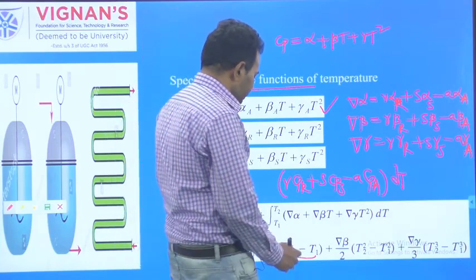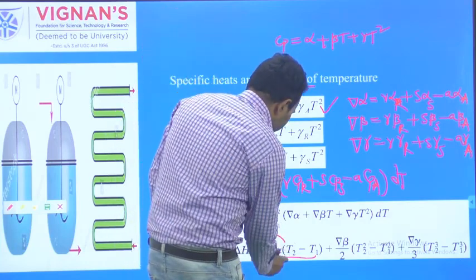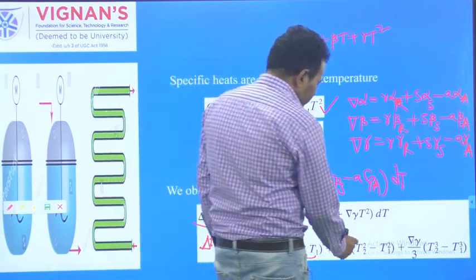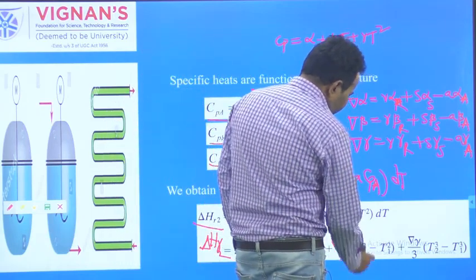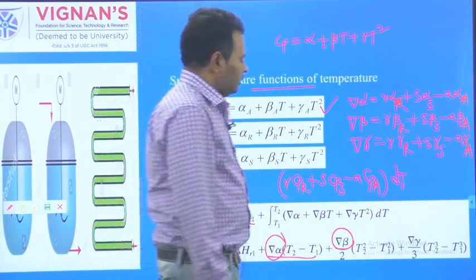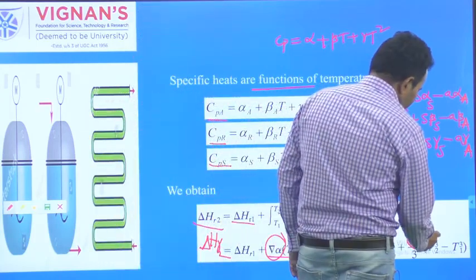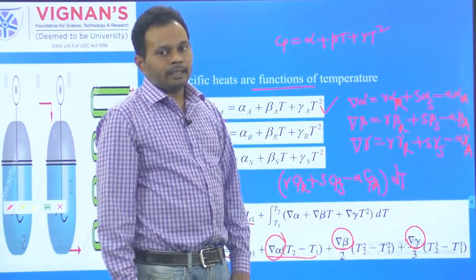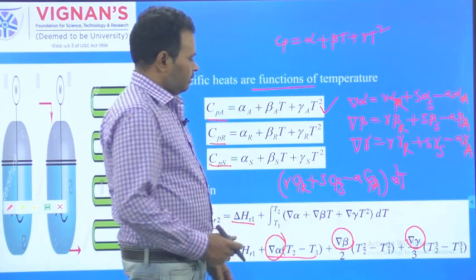Actually, before integration, del alpha does not have any association with T, and before the integration del beta is associated with T, after the integration this becomes T square. Before the integration del gamma is associated with T square, after integration that becomes T cube.